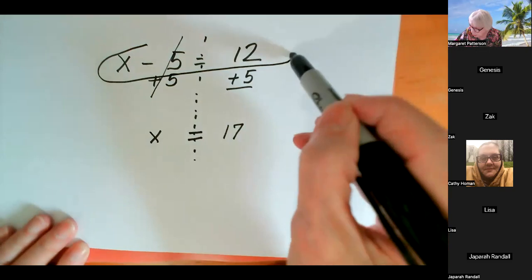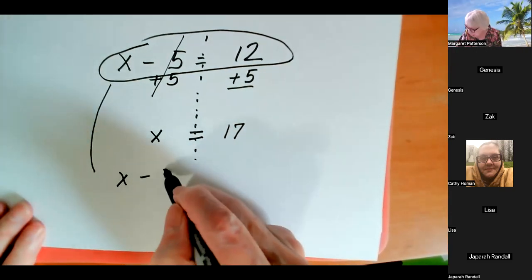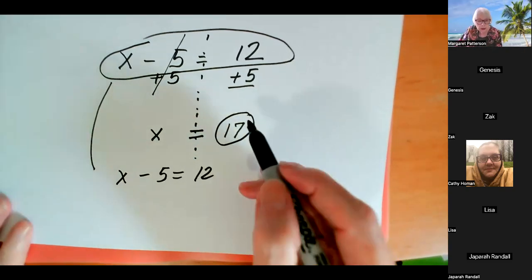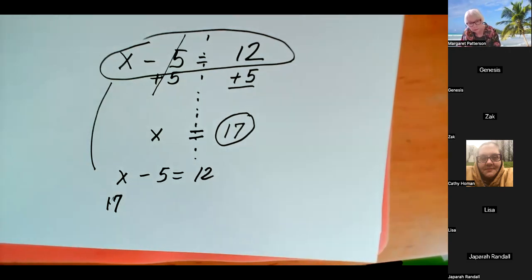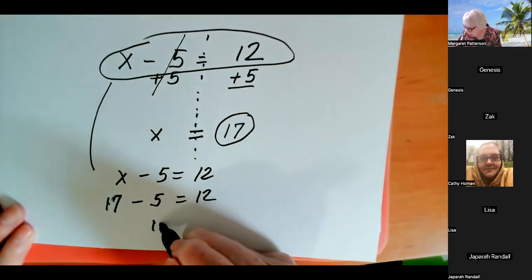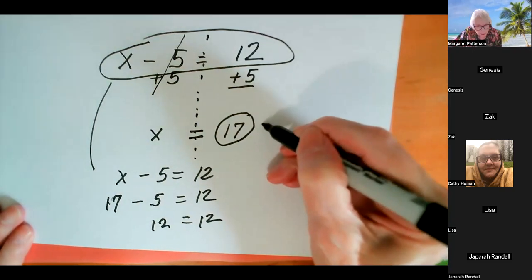And I'm going back to the original problem, which is this. X subtract 5 is 12. If I substitute 17 in for X right here, 17, take away 5 is 12. If it checks out, that means this one is correct.